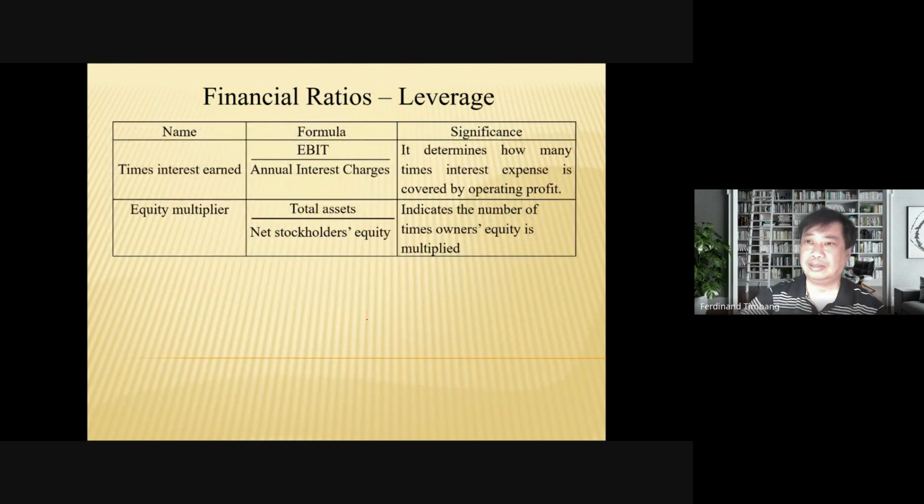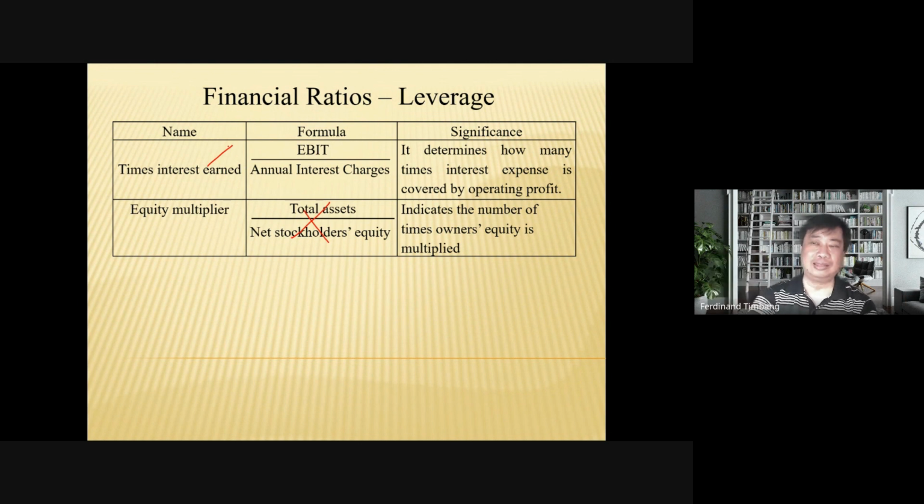And then you have the times interest earned ratio, which is important to discuss. That is EBIT all over annual interest charges. The times interest earned, or TIE as it is sometimes called, is the number of times you can pay the interest expense.